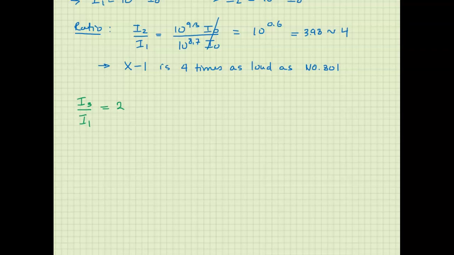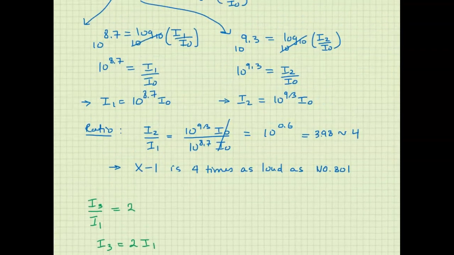Okay, so we want I3 to be twice I1. Okay, so we know I1, the equation for it is this.